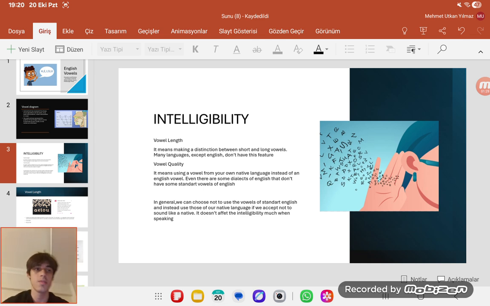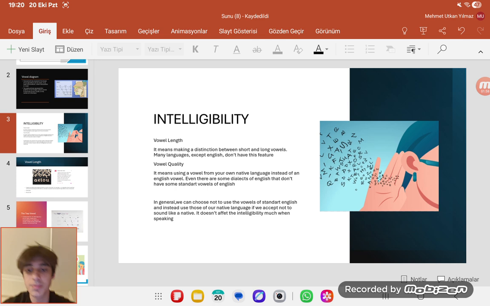So if you're using other vowels, maybe the vowels from your own native language, and applying those vowels to English, it's most likely not going to cause a lot of problems. At least it's going to be intelligible. Of course, there are some situations you might run into where the listener can't understand you, but it's very minimal.